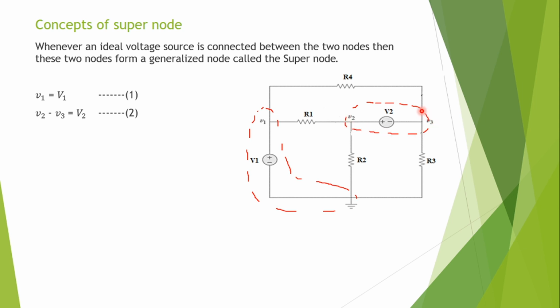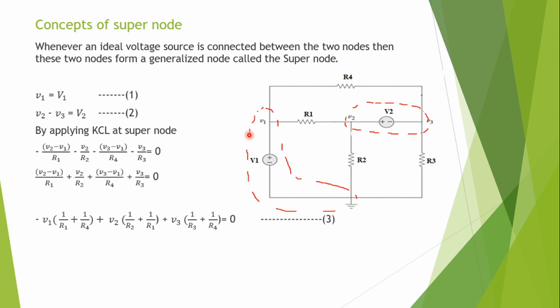That means I need to consider the elements which are connected to V2 as well as those connected to V3. While applying KCL to the supernode, what is the current flowing through this? V2 minus V1 by R1. And since V2 is one of the nodes in the supernode, I am assuming this is the higher potential, so outgoing current.